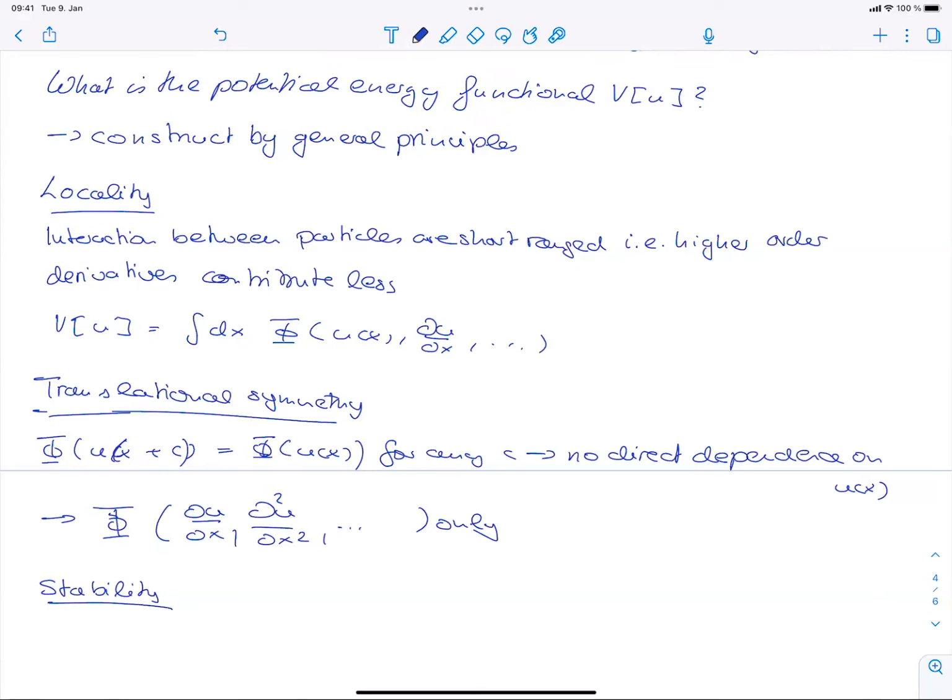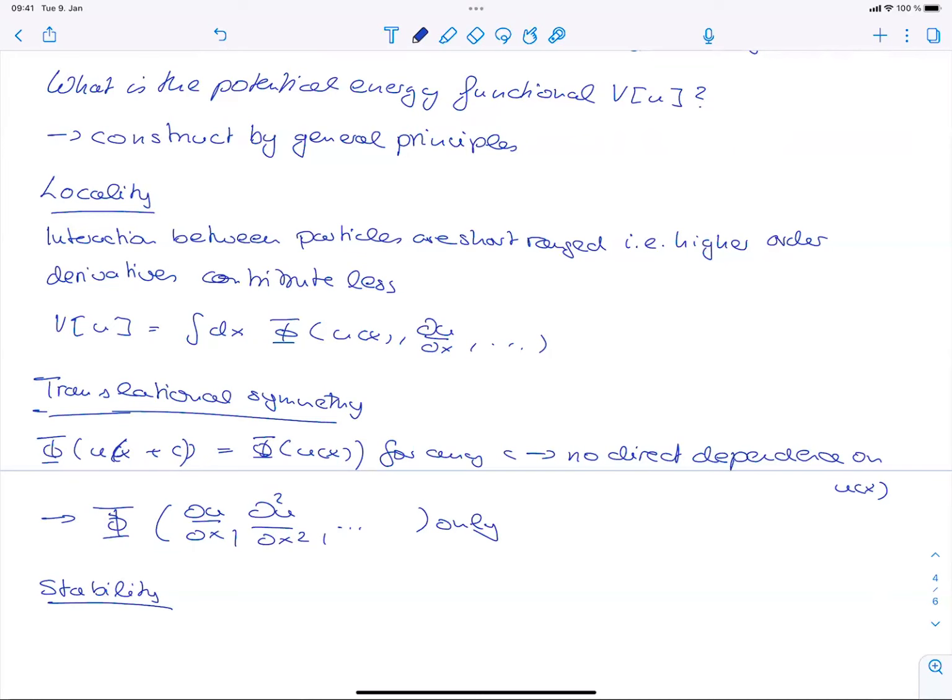So I can't have u du/dx. You agree on that? With this symmetry, I think that's the easy example. If I have u shifted in x, but I'm multiplying with the derivatives, then I will get a different result if I evaluate at different values of x, because I shifted my x.